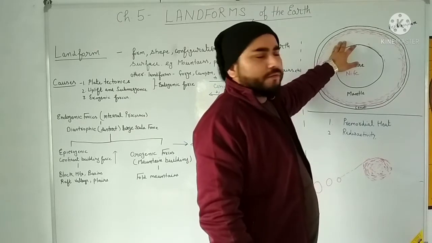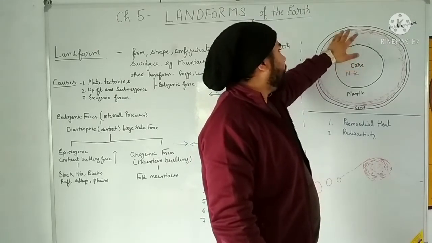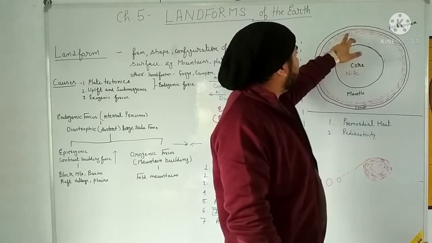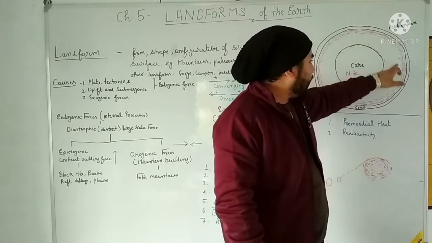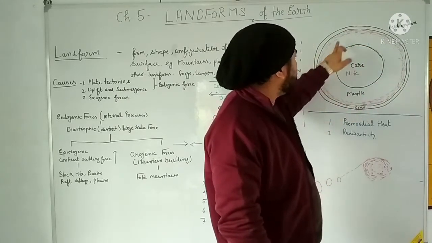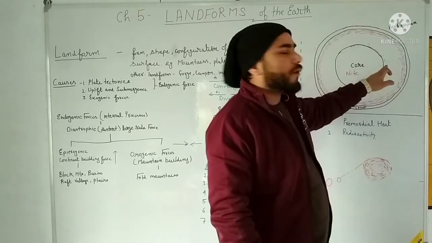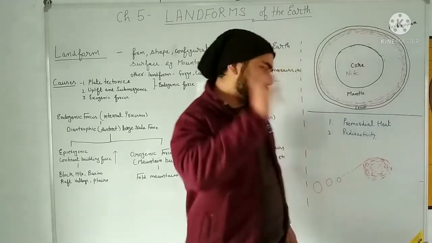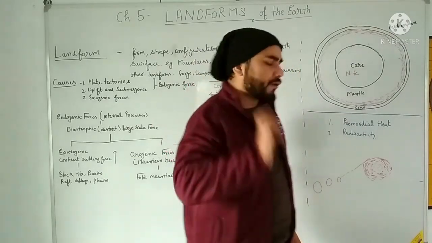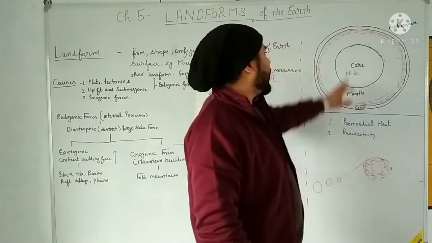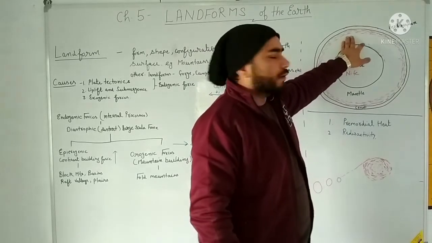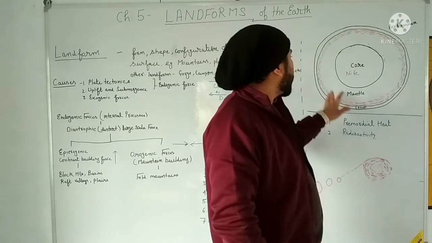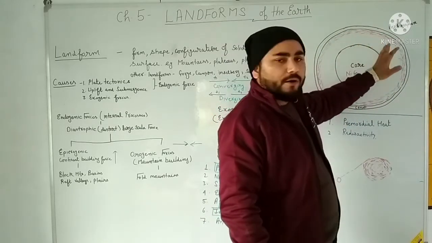The rocks on which we stand are floating on this asthenosphere, and the rocks here have changed their form. They have become semi-molten because of the very high temperature. At 1400 to 2000 degrees Celsius, a rock can melt and be brought into molten form. That is why these rocks have come into semi-molten form.